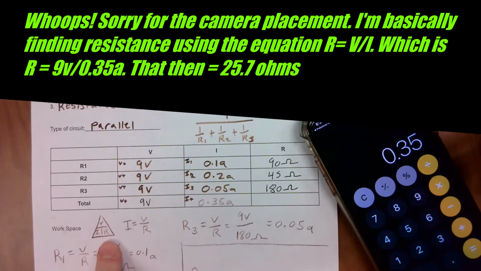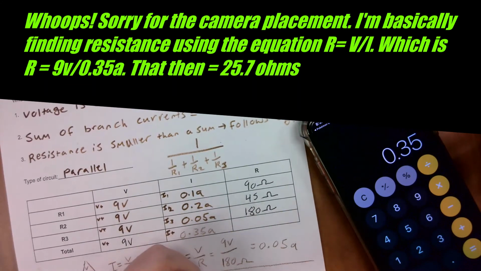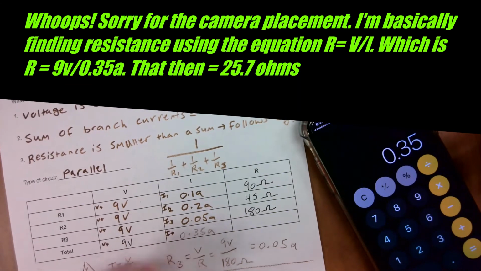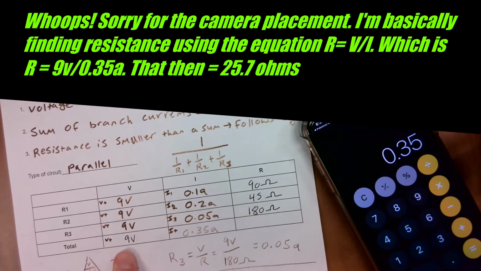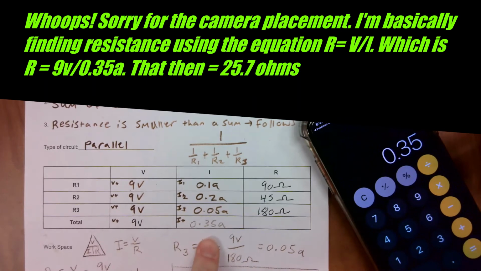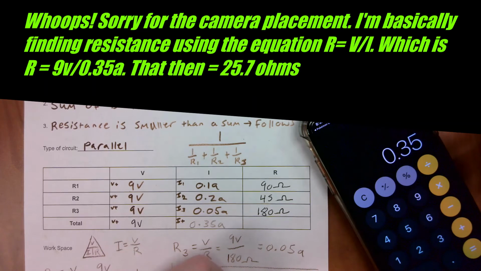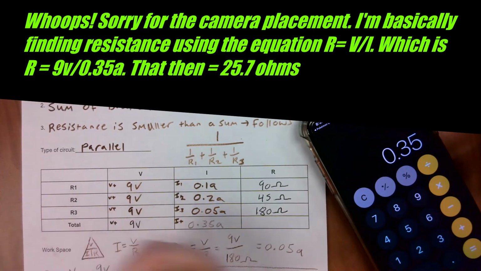And we're looking to find R, so we cover up R and we see that R equals V over I. And so V is 9 volts total, and your current is 0.35, so we divide that by 0.35 amps.